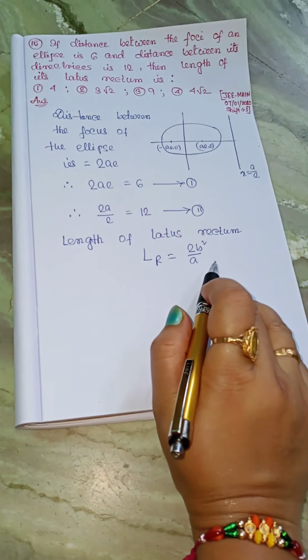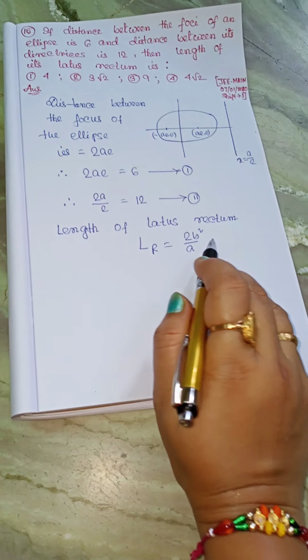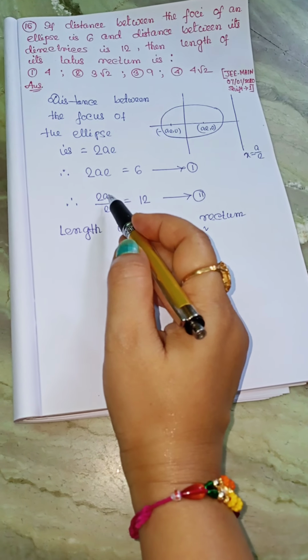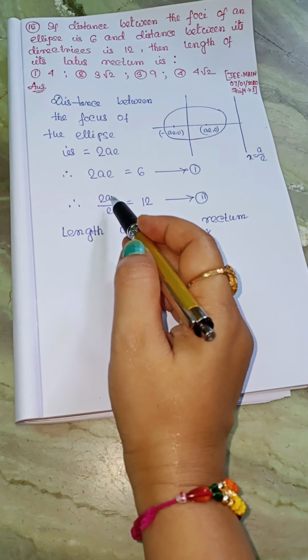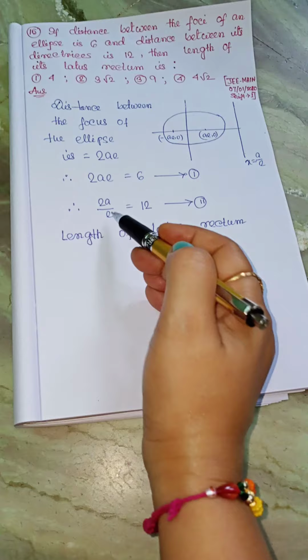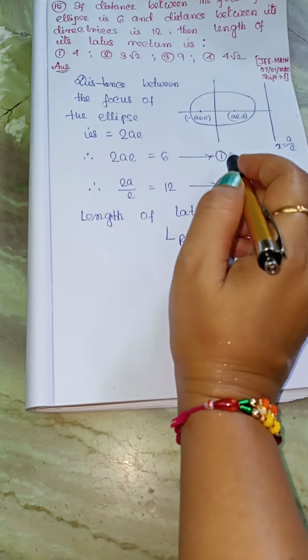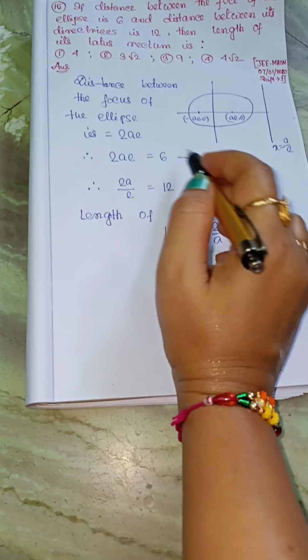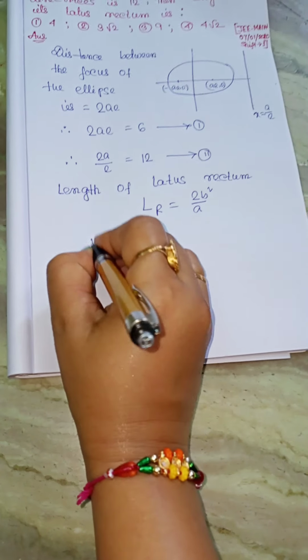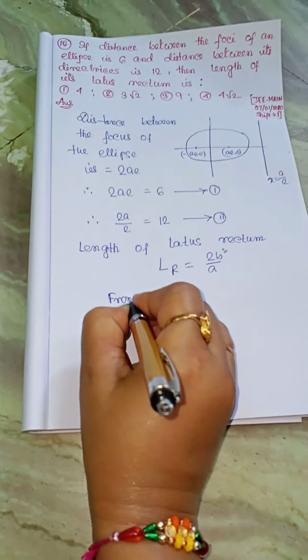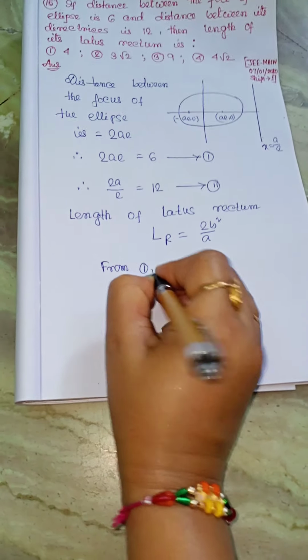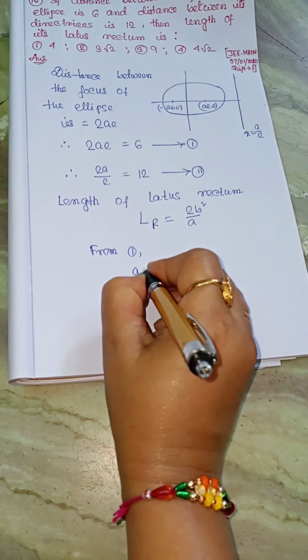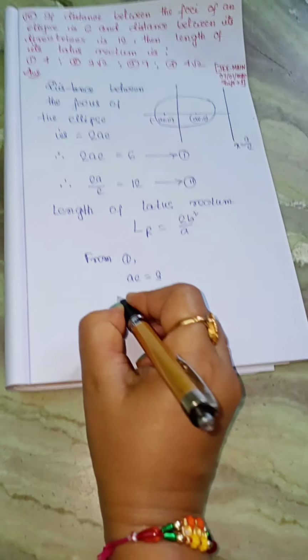Now we want A. So it is essential to eliminate E. From 1, AE is equal to 3.